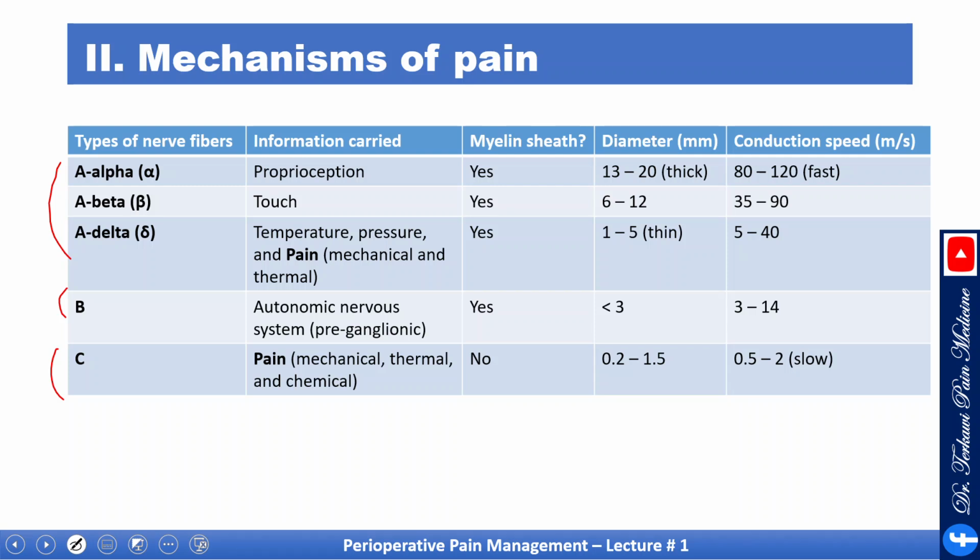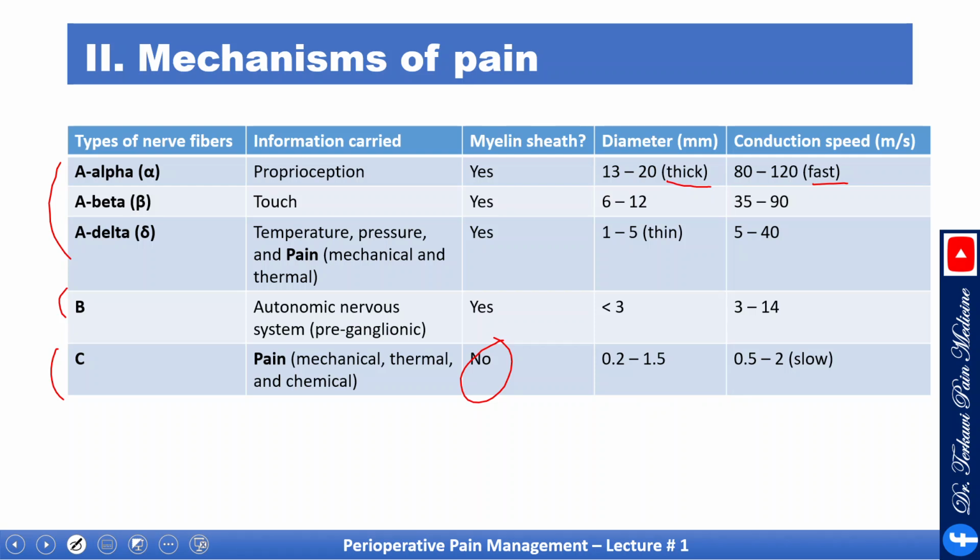So alpha carries proprioception. It is myelinated, right? Actually, all myelinated except C. It is thick. This is why it's fast. Beta, it carries the touch. Again, it's myelinated. It's thin or thinner.